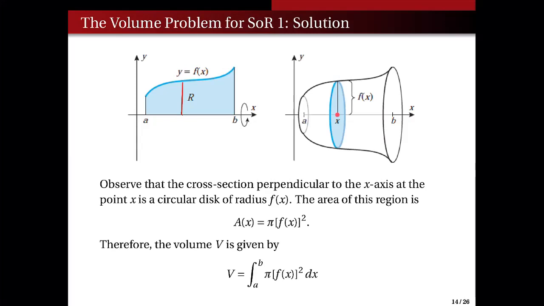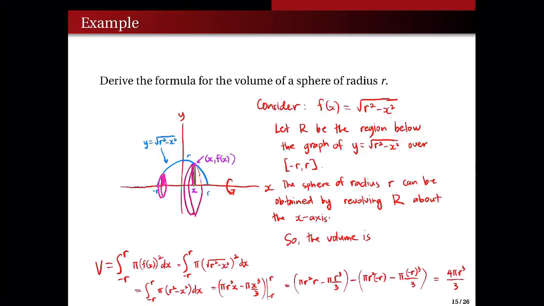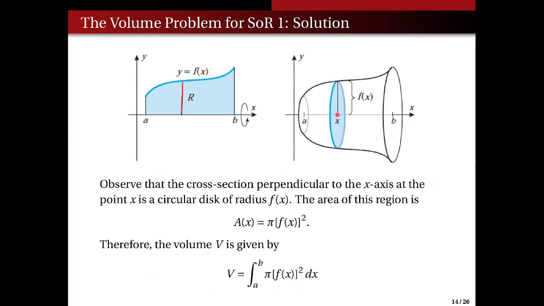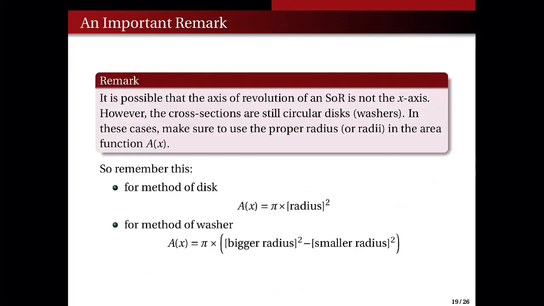So what I'm saying is, suppose you have something like this. Your region is like this, and then suddenly it has something part in here, and then your axis of revolution is the x-axis. Of course, at this part here, there will be no holes.